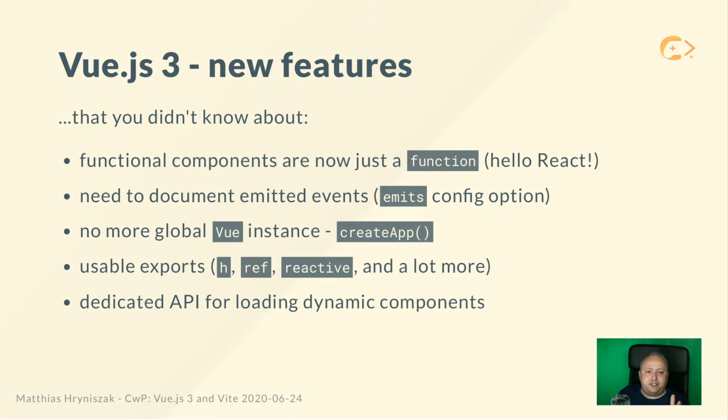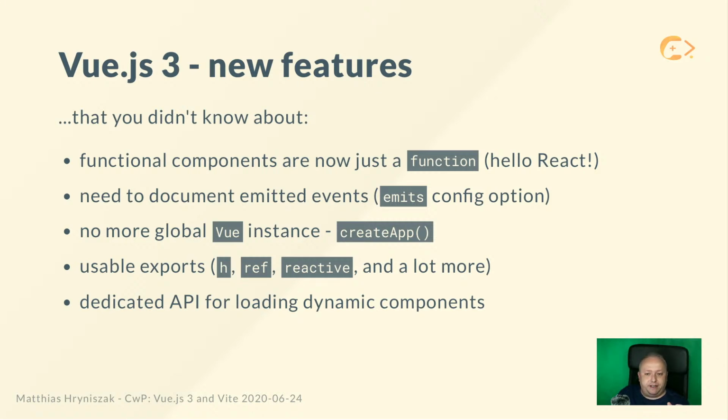And when I say propagation, I obviously don't even mean bubbling. I just mean that when your component at some point emits the value and you would like to abort it, stop it before it gets to the parent, then you have an option to do that, which is absolutely awesome. Okay, no more global Vue instance, so you cannot import Vue from Vue anymore.